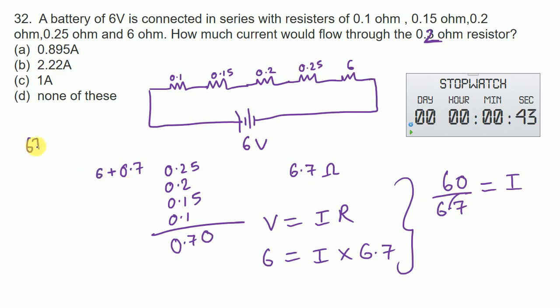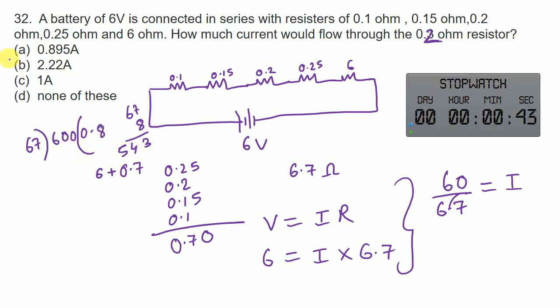Okay, 0.8. So I think the A option will be right. 0.895 is coming. So 0.8.